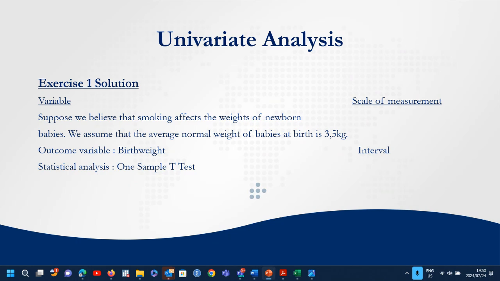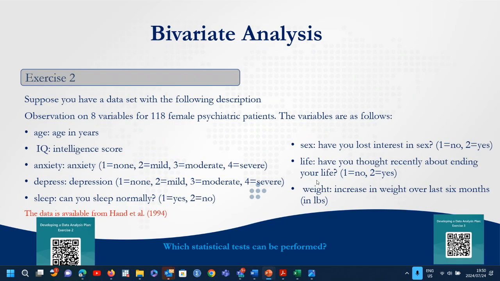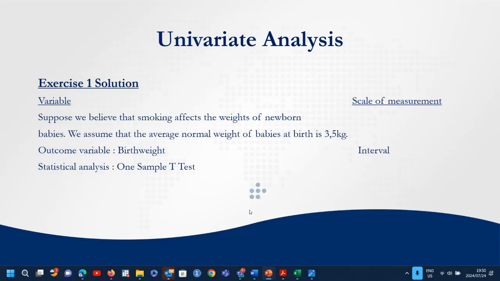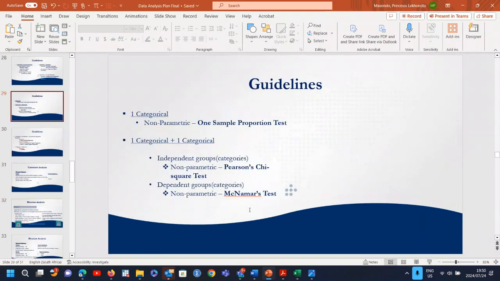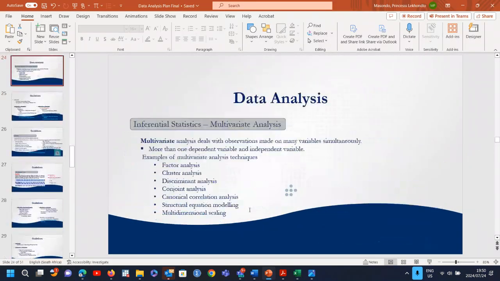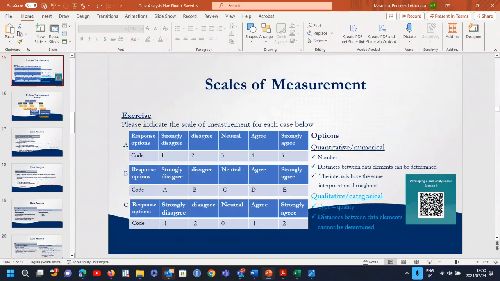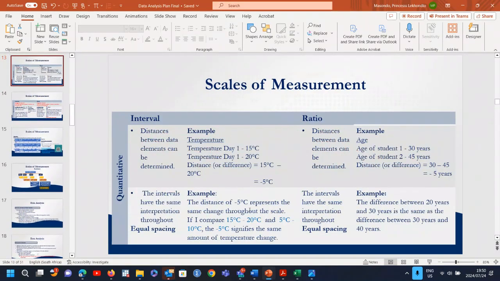These are the last exercises. Maybe before we do the exercise, let's finalize our... I was not aware that it would close.